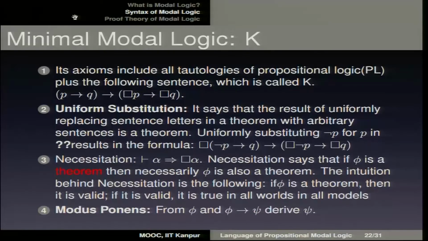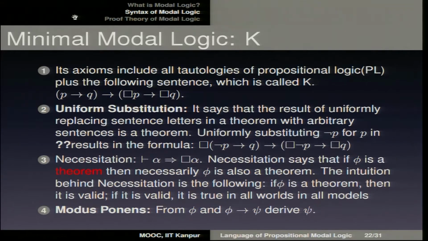So, what is considered to be the minimal modal logic under normal modal propositional logic? It is due to the logician Saul Kripke. Every logical system is named after some logician or other. It seems that this logic's name was due to this logician Saul Kripke.